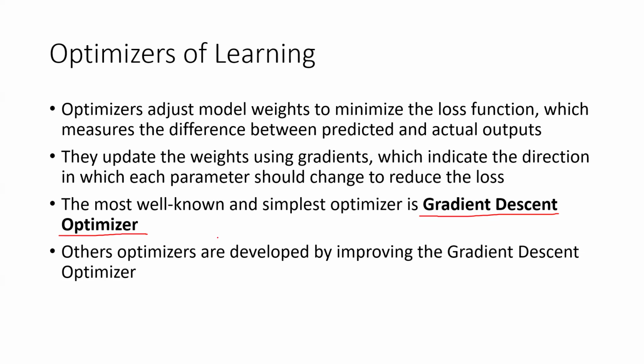Especially when there are many dimensions. Some dimensions are varying highly, that means they have higher gradients, and some have lower gradients. So how to deal with them, right?